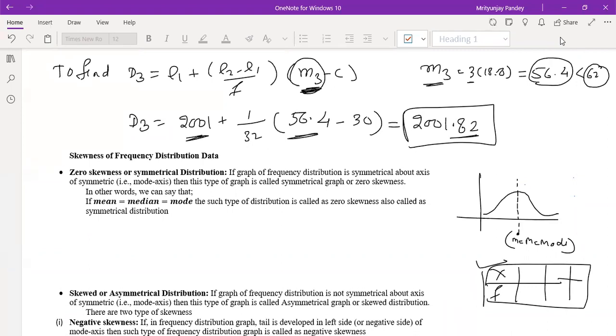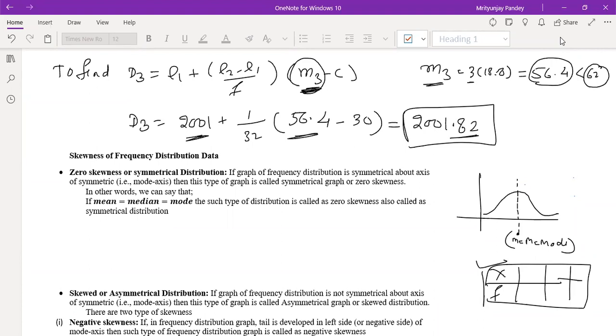If the values of mean, median, and mode are all equal in such data, then it is called symmetrical distribution data, I mean zero skewness or no skewness. Understood? So if the mean, median, mode of frequency distributed data are equal, then such data is called symmetrical distribution data or zero skewness.